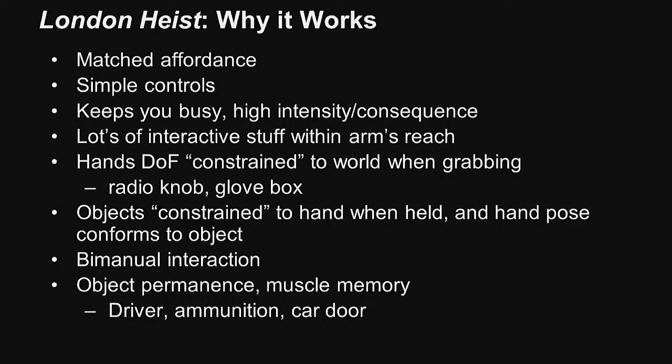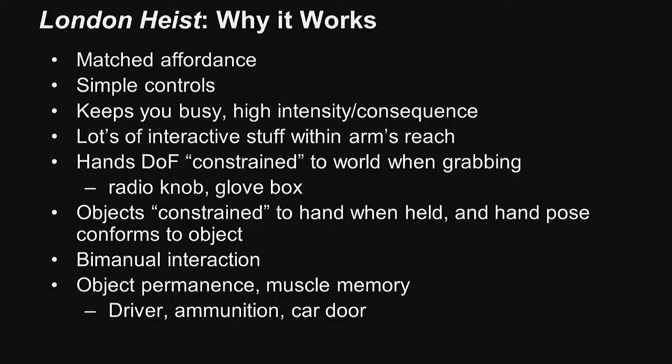Another thing we learned while watching people play is there's a stash of ammunition to the side of you, which at first everyone looks at and sees, but after a while they don't even look anymore. They just reach over to where the ammunition is, grab it, and expect it to be grabbed by their hand. They just reach into this bag next to them and pull out ammunition.